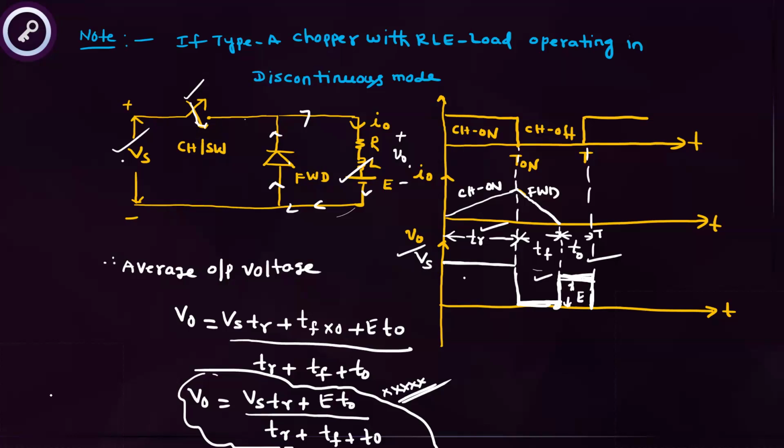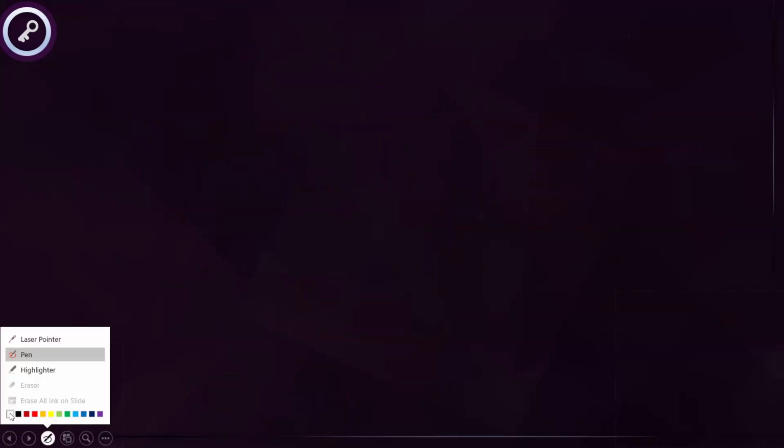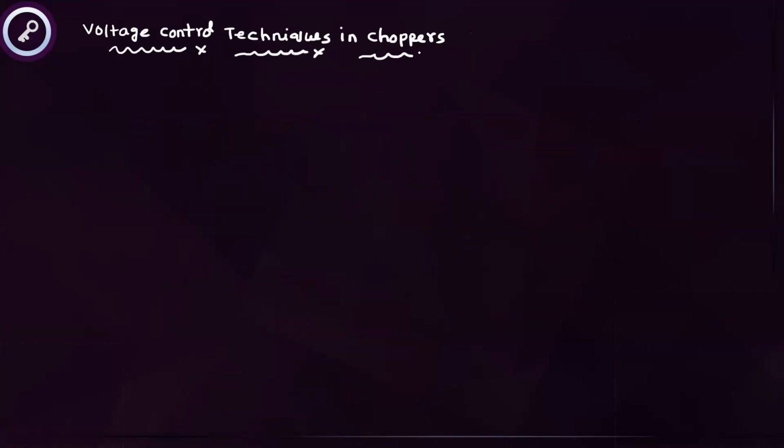Then we have to take one more important topic with respect to choppers: voltage control techniques in choppers. The voltage control techniques in choppers are broadly classified into two types.